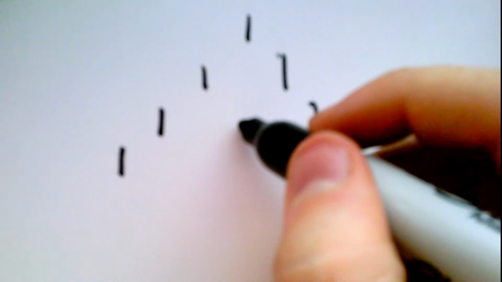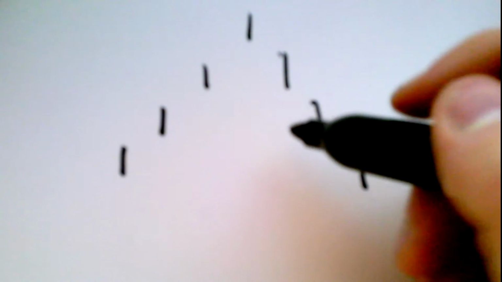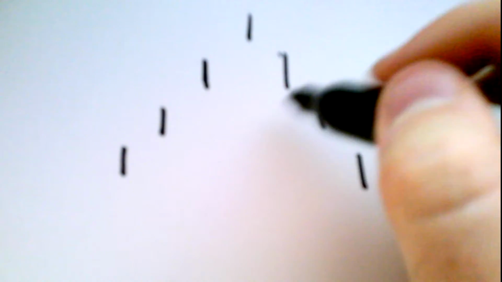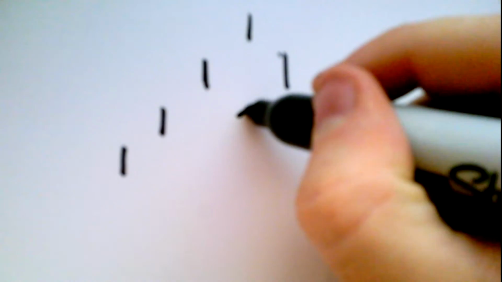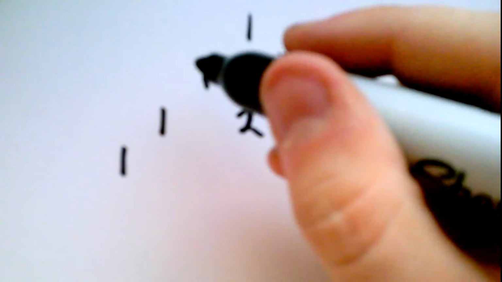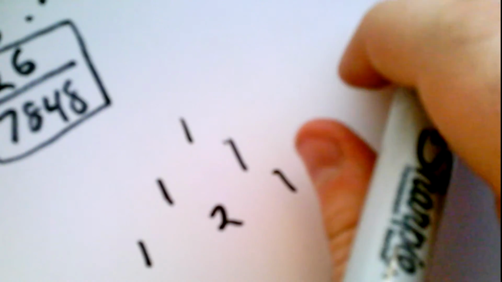And then we're going to make a diagonal lattice of numbers here, where every number is going to be equal to the sum of the number above it to the left and the number above it to the right. So this number here is going to be 2. Here's the first square of our lattice. It's on a diagonal, but you can see if we turned it, it would be a square.